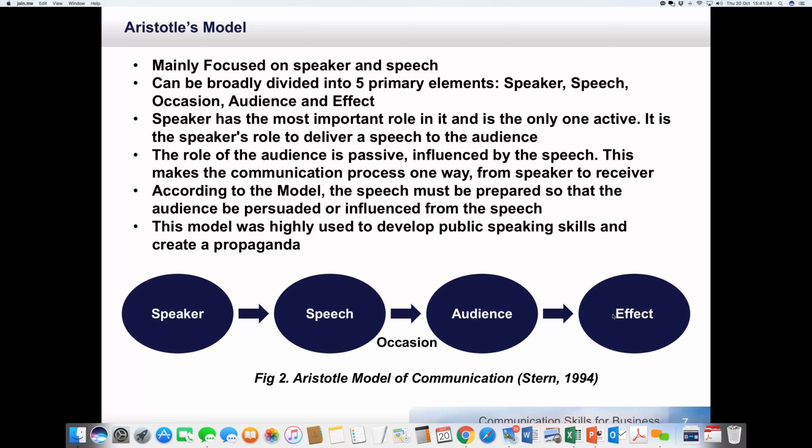So this particular model puts focus on the speaker itself, and the audience has a passive role. An example of this would be typically in a health and social care context, if the doctor is speaking to the patient and he or she has a prognosis, then the patient is always listening.